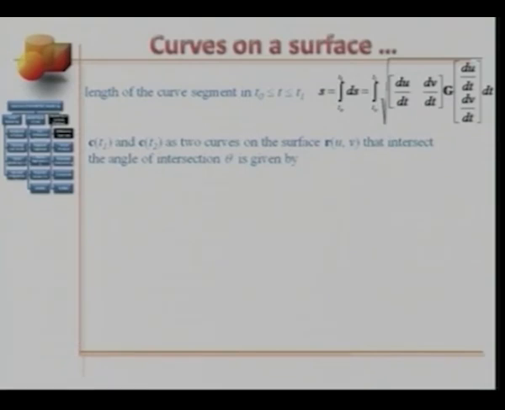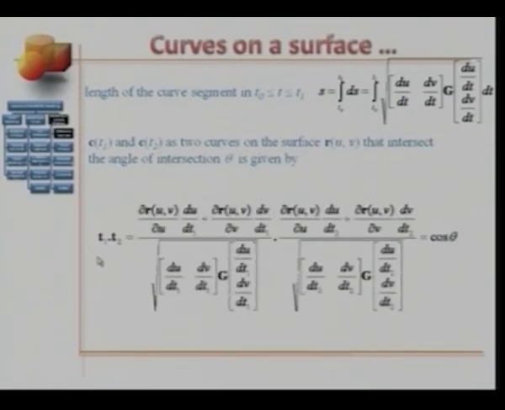This angle is given by the dot product between the two local tangents, T1 dotted with T2, where T1 is equal to partial r over partial u times du over dt1 plus partial r over partial v times dv over dt1, over the square root of the row du over dt1, dv over dt1 times G times du over dt1, dv over dt1 arranged in a column.